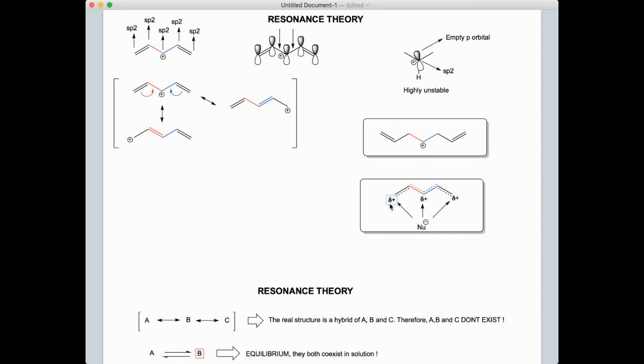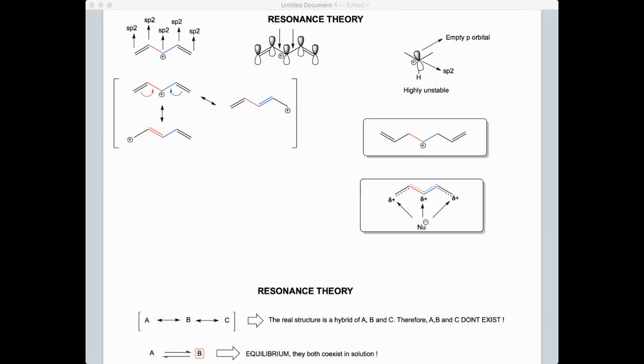So there is a third of positive charge in each one of them. So the positive charge is shared. Therefore, carbocations that are delocalized are stabilized by resonance. Okay, I'm going to type it on the chat. Delocalized carbocations are stabilized by resonance.